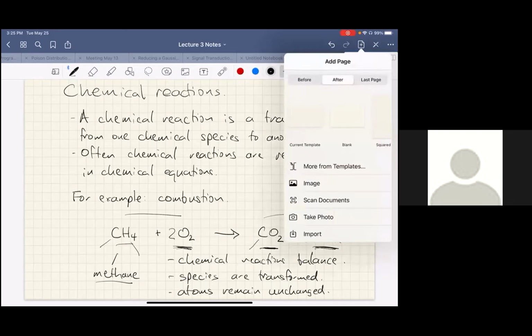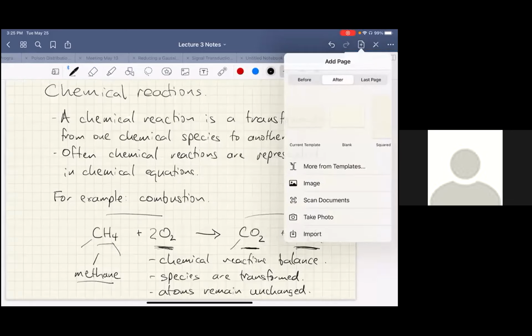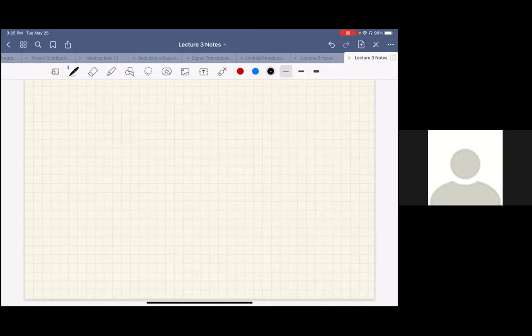In general, we're not going to see any specific reactions like that. In general, we will treat reactions abstractly. What do I mean by that?